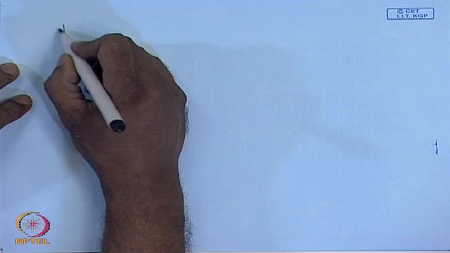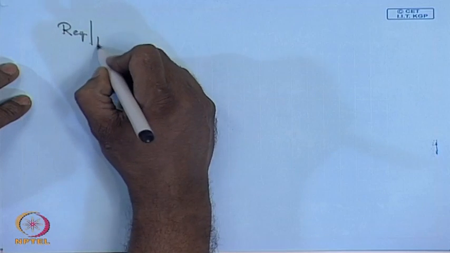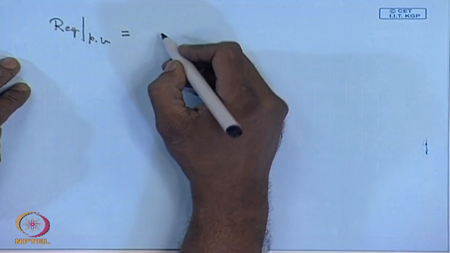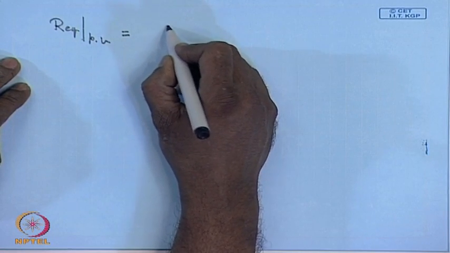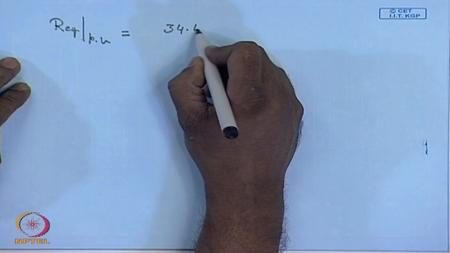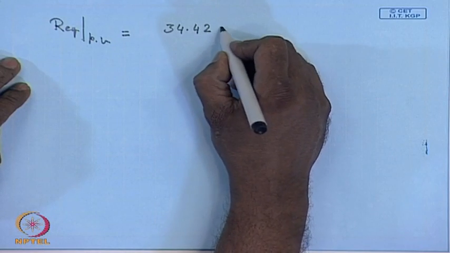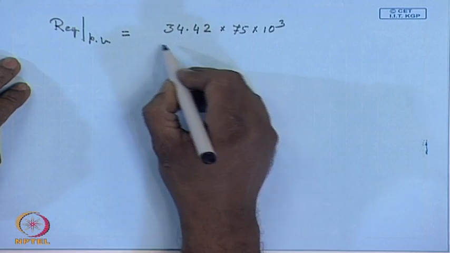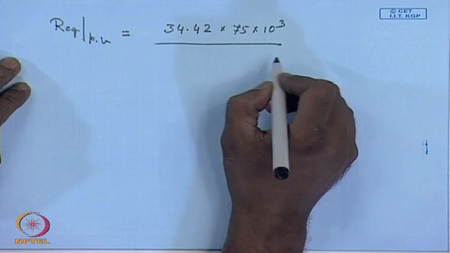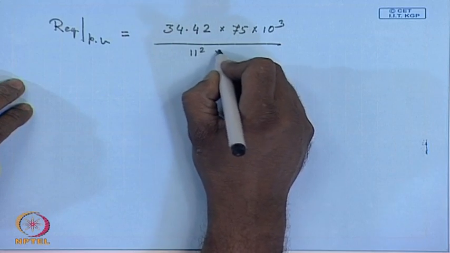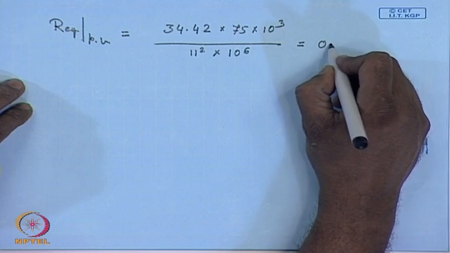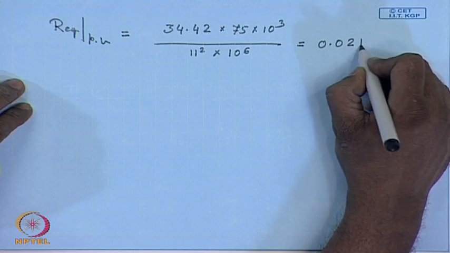Therefore, Req per unit equal to 34.42 into kVA base divided by voltage base square. This gives 0.0213.